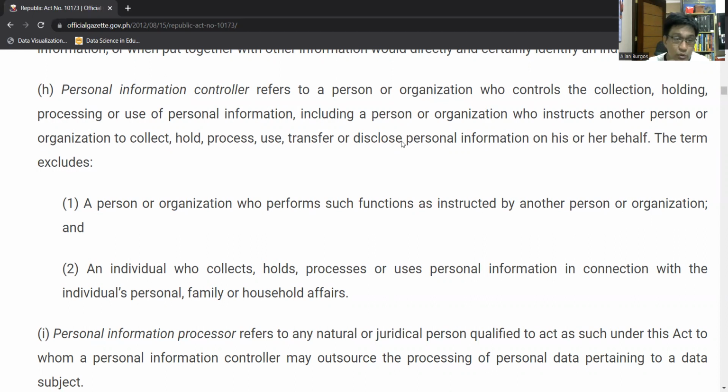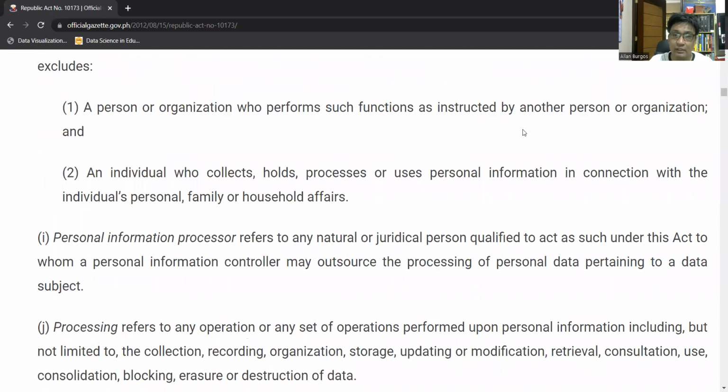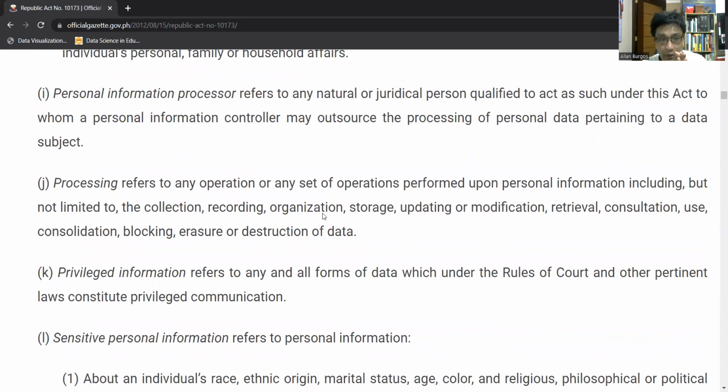The term excludes, number one, a person or organization who performs such function as instructed by another person or organization; number two, an individual who collects, holds, processes, or uses personal information in connection with the individual's personal, family, or household affairs.